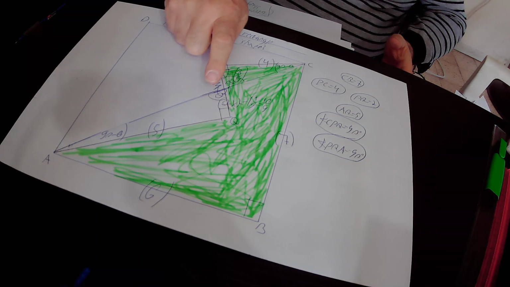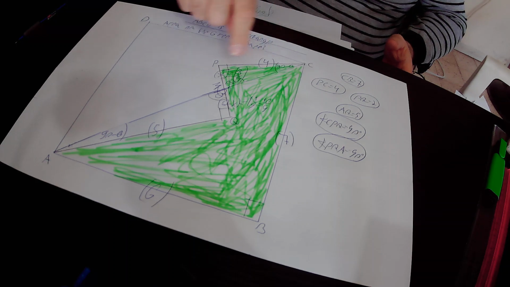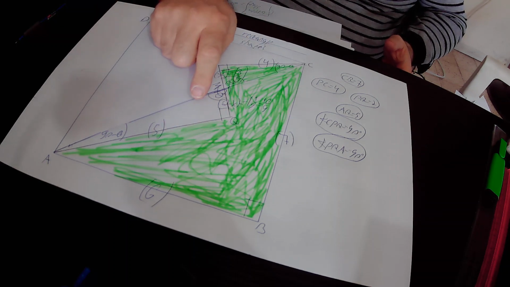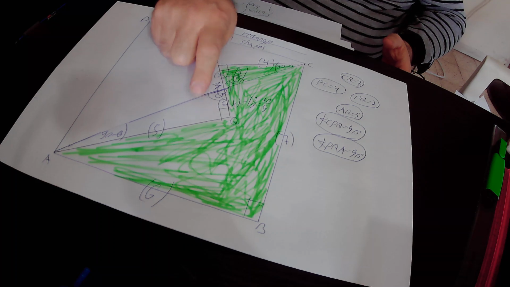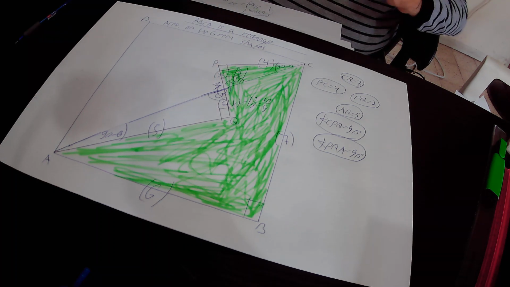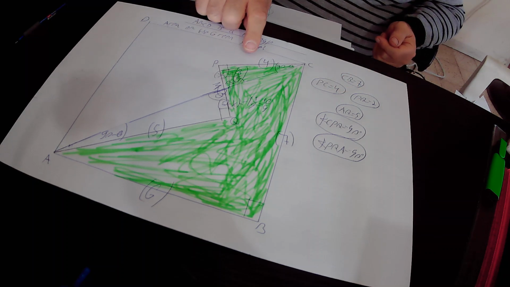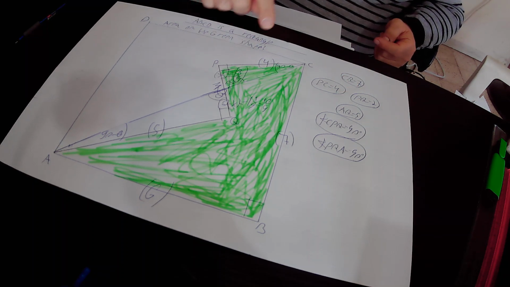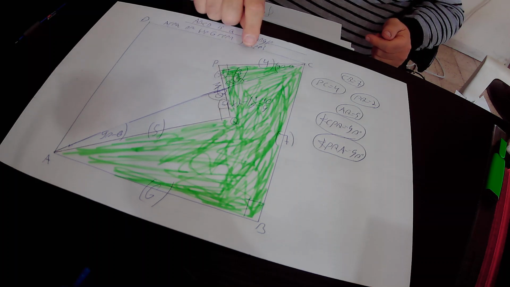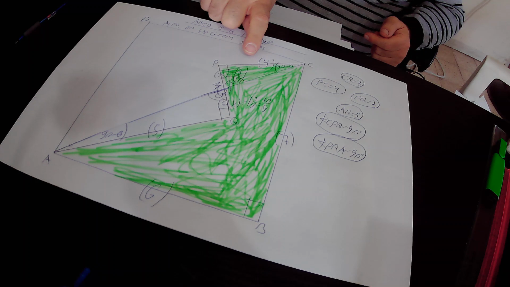Therefore, we have to subtract from the area of the big right triangle ABC the area of the white triangle AQM, and we have to add to the area of triangle ABC the area of this green small triangle CPM, because the area of triangle ABC does not include the area of this small green triangle CPM.